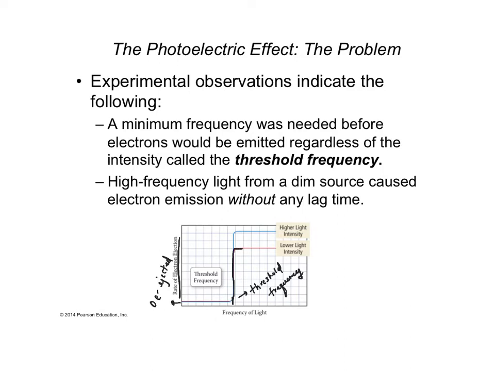At this point, lower intensity or dimmer light just led to fewer electrons being ejected, whereas higher intensity or brighter light led to overall more electrons being ejected. So down here, it didn't matter whether it was bright or dim; you weren't going to see any ejected electrons. Once we hit our threshold frequency, though, we did see electron ejection, and we just got more if the light was brighter, okay?